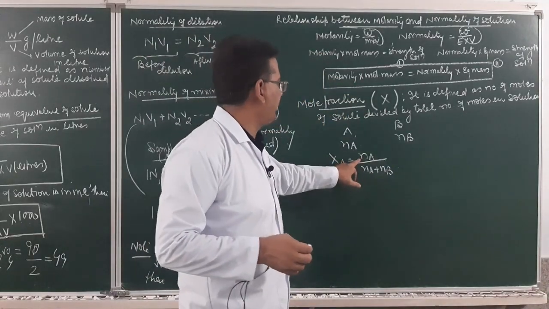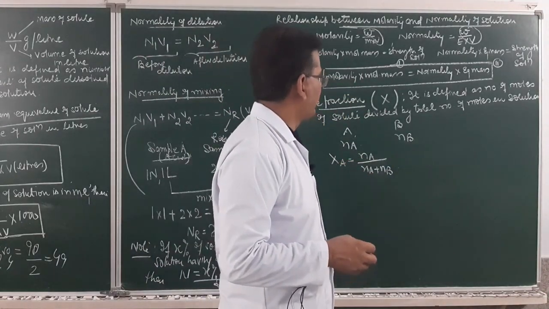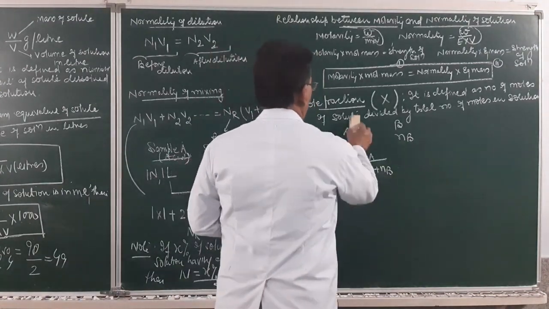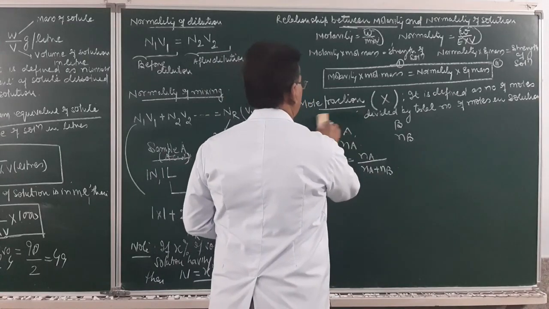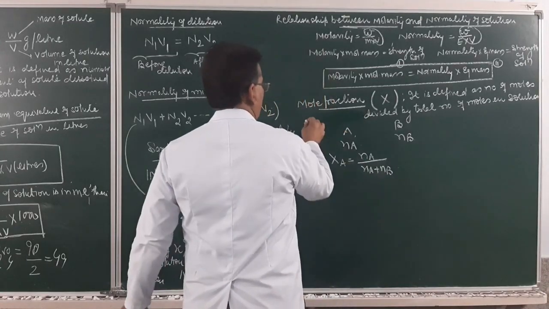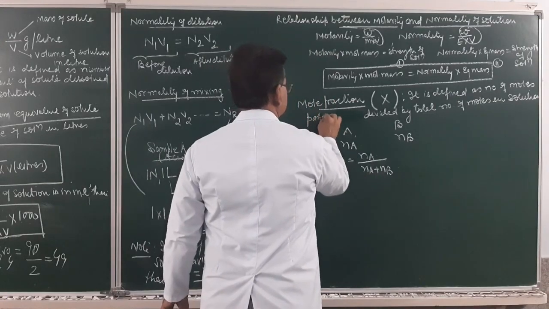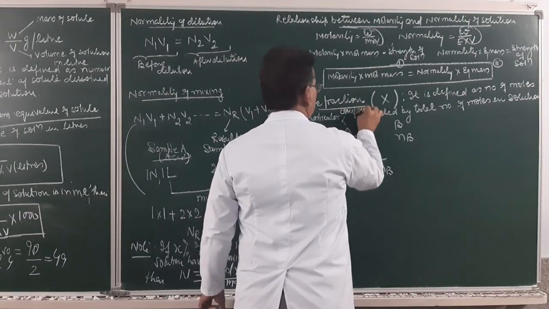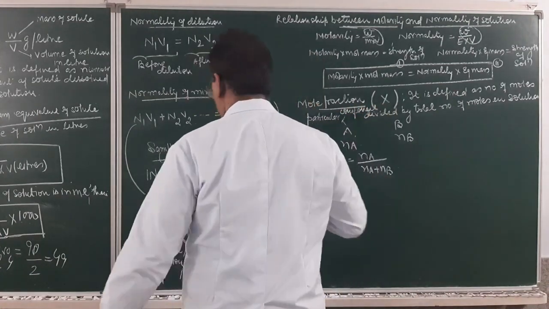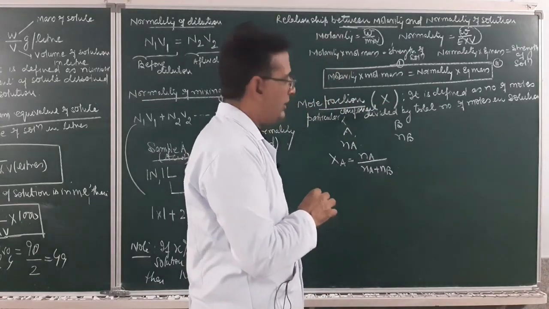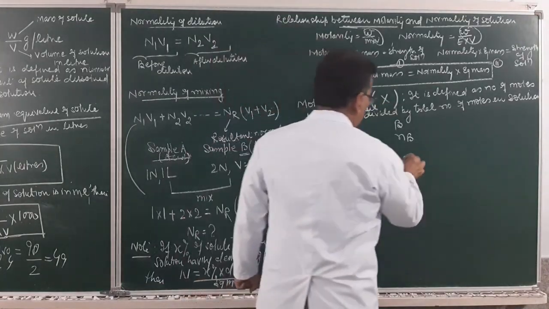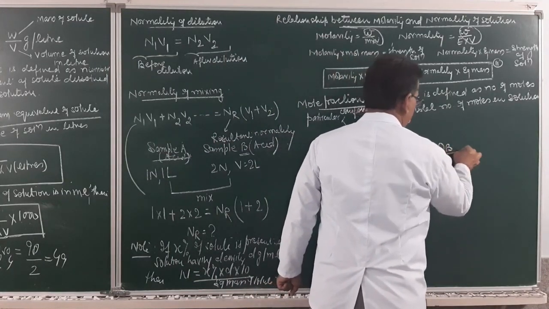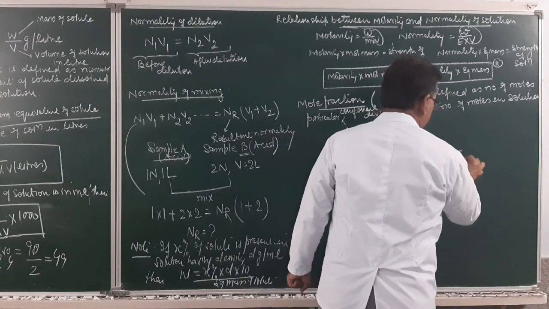It is the number of moles of a particular component divided by the total number of moles in solution. Is it clear? Mole fraction of component B will be equal to the number of moles of component B divided by the total number of moles of components A and B.